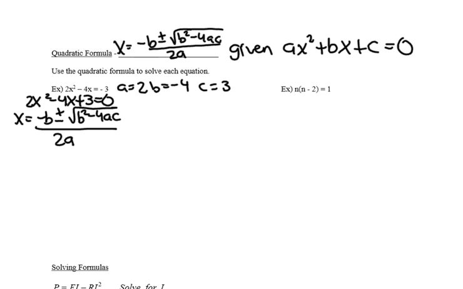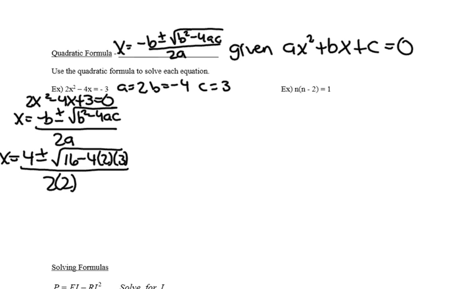So now you know what a, b, and c are, so let's plug in. So the opposite of negative 4 is 4. That is negative 4 squared, that's 16, minus 4 times 2 times 3, all over 2 times 2.